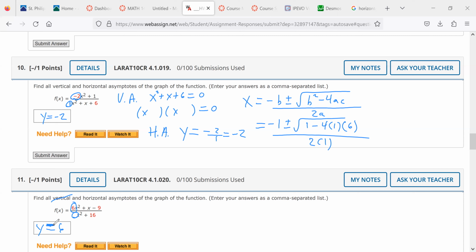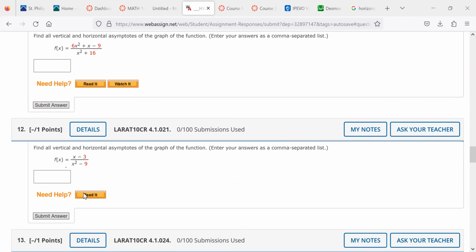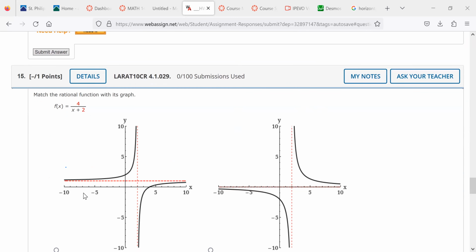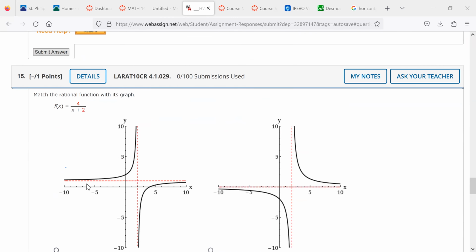Okay. Any questions on this idea? I think I'm gonna move on to something else. Can you find horizontal? Can you find vertical asymptotes? Number 15, they have us just match the graph.